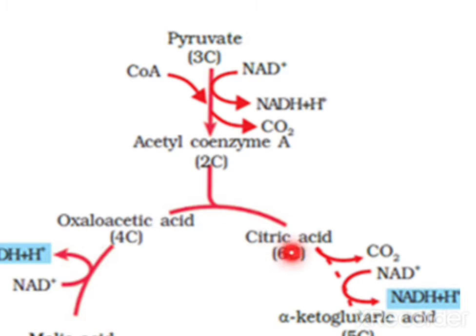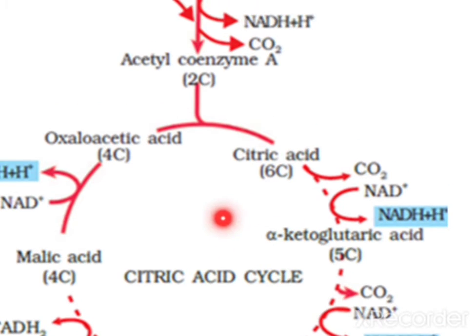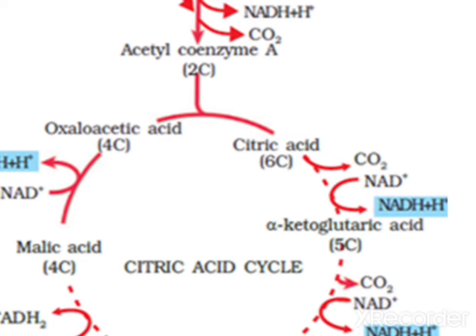In the citric acid cycle, oxaloacetic acid, that is OAA, a 4 carbon compound, along with the 2 carbon compound, is converted into the 6 carbon compound citric acid, 4 plus 2 equal to 6. In the next step, citric acid, by removal of one molecule of carbon dioxide, is converted into alpha ketoglutaric acid, a 5 carbon compound.